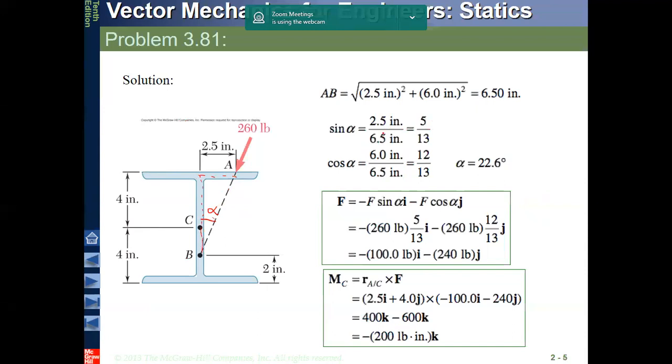So sine of alpha is 2.5 over the hypotenuse AB, and cosine is 6 over the hypotenuse. And then you can write F. I remind you that you should always have some coordinate axis.